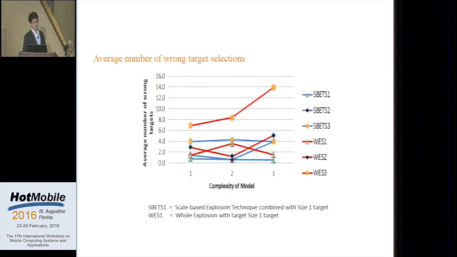However, WE shows a significant effect on the method when it comes to wrong target selection, as we suspected, because for 450 model pieces, if you explode them all at once, there is visual clutter on the screen, so it's really hard to find the one you're looking for.